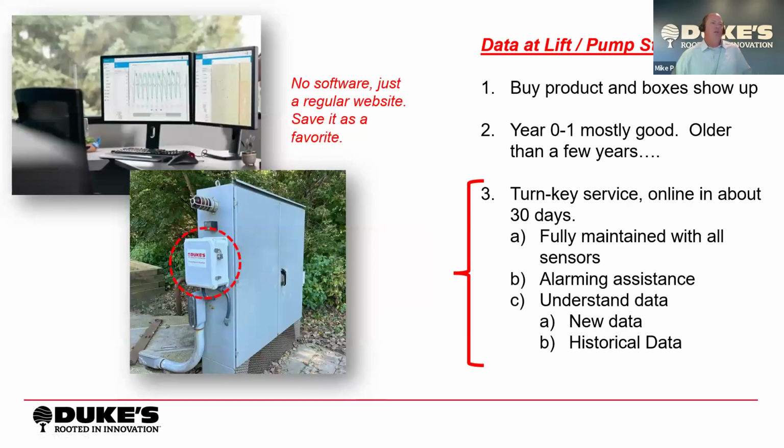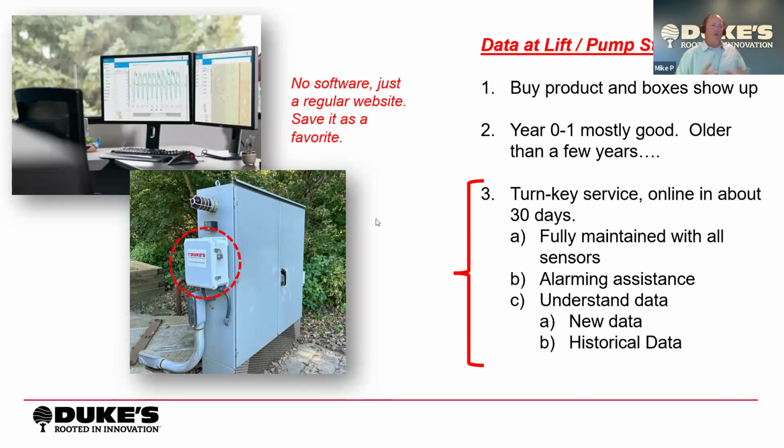So to touch on what we do as Dukes for this segment of the industry, we offer a turnkey service. So we have a box here. We'll take a closer look at it, but the general idea is we're skipping straight to the results. It's online in about 30 days.